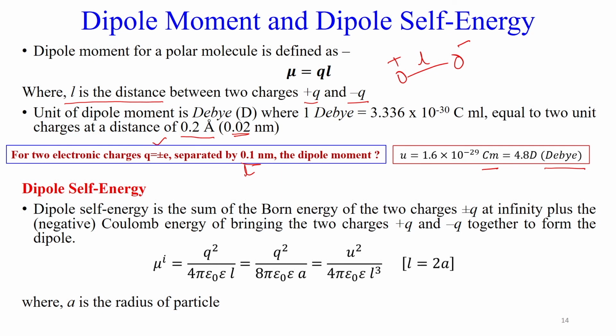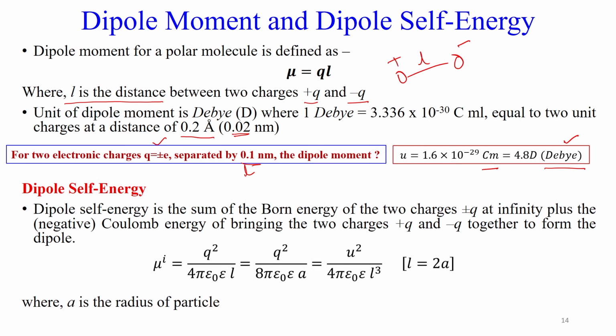So, if you divide by this, you will get 4.8 Debye. Typically, dipole moments are always reported in the unit of Debye, and Debye is defined as the dipole moment between two unit charge molecules placed at a distance of 0.02 nanometer.